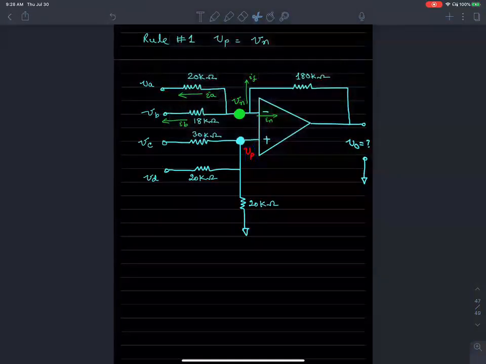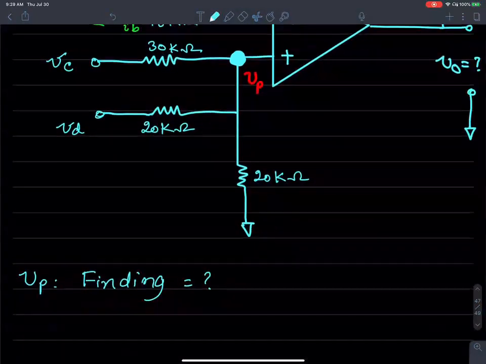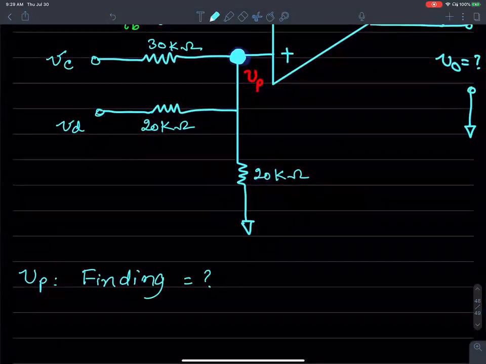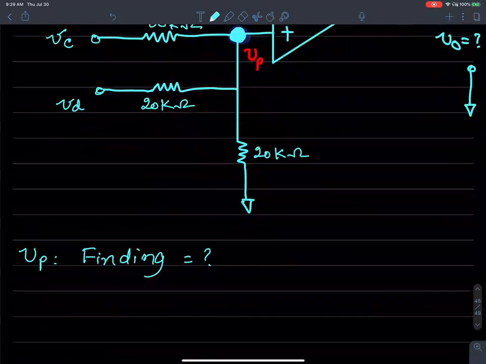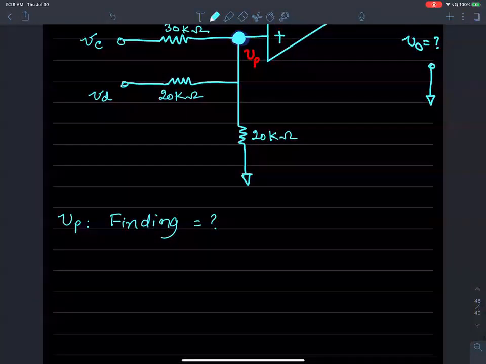Well, I know that there's a voltage division with Vd, but I'm not sure how to take into account Vc. Yes, so it appears that there's more than one or two resistances at this node Vp. So we may have to apply a little bit of KCL at node Vp.